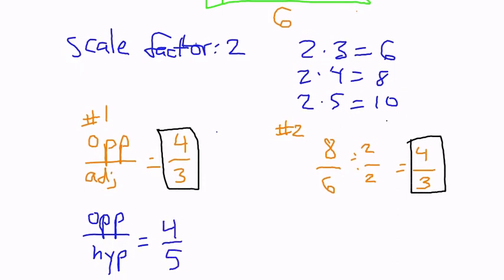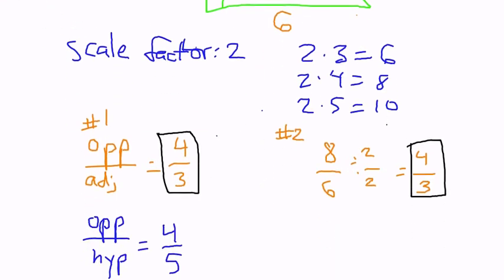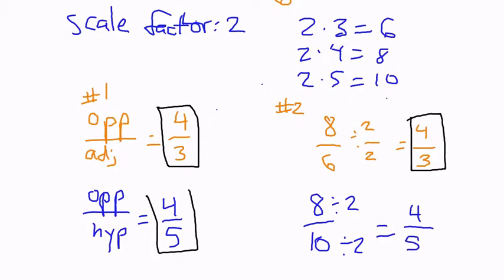For triangle number 2, opposite is 8, hypotenuse is 10, so that would be 8 over 10. Again, we can divide top and bottom by 2, and we get 4 over 5. We have 4/5 here and 4/5 here. Those are the same. So the ratios of the sides, opposite over hypotenuse, are the same for those two different triangles.